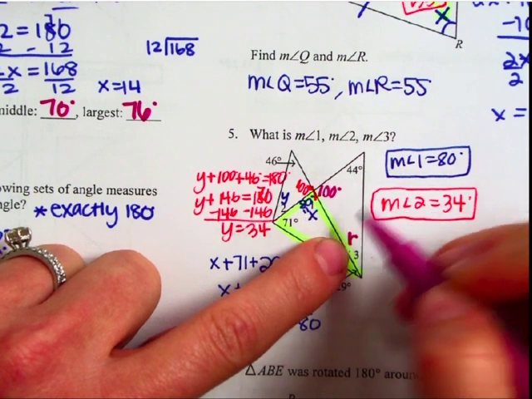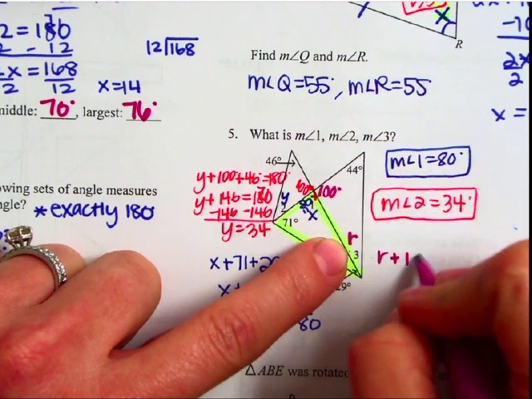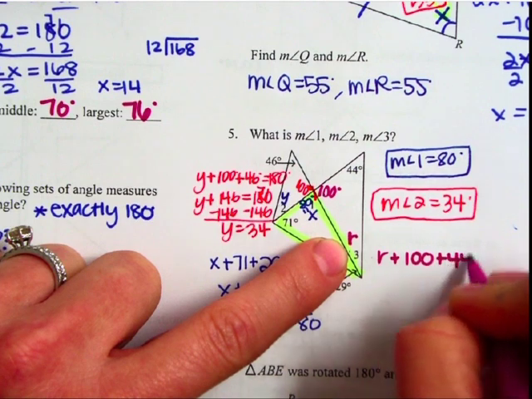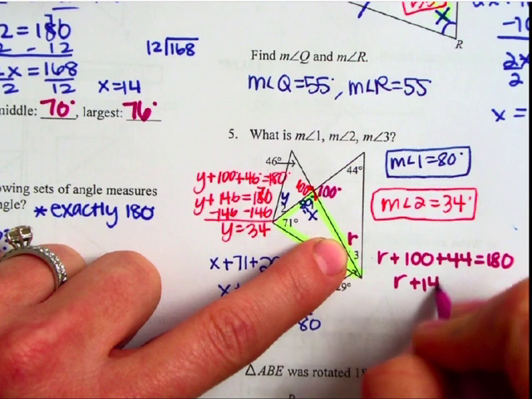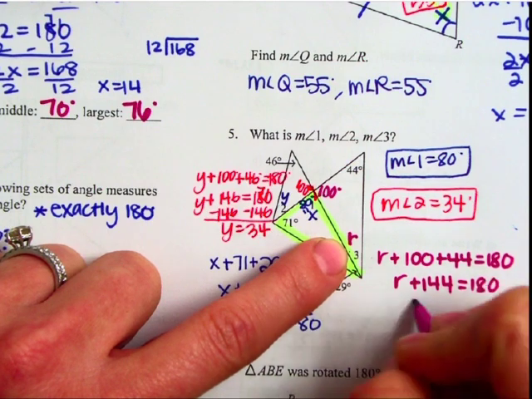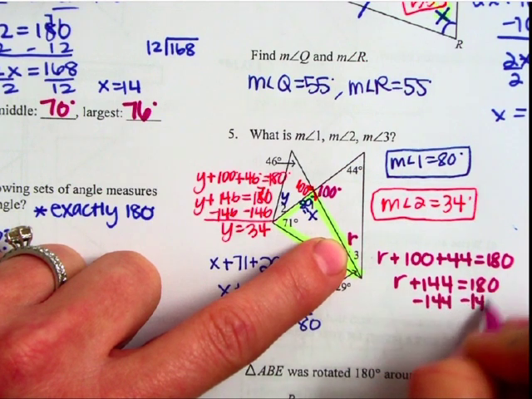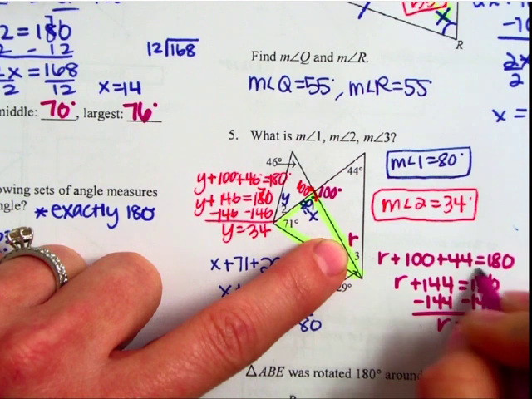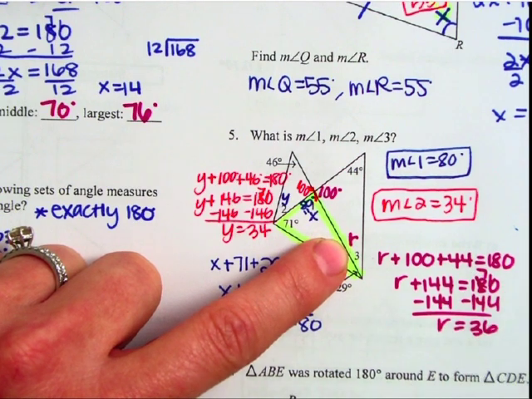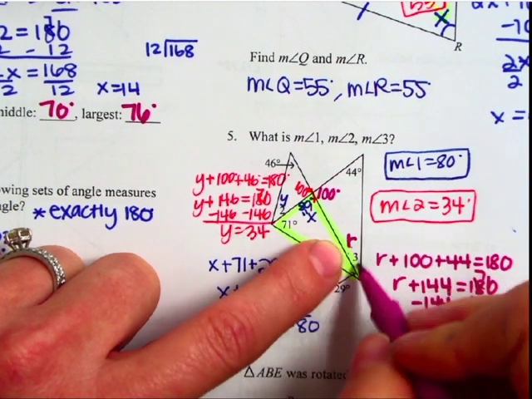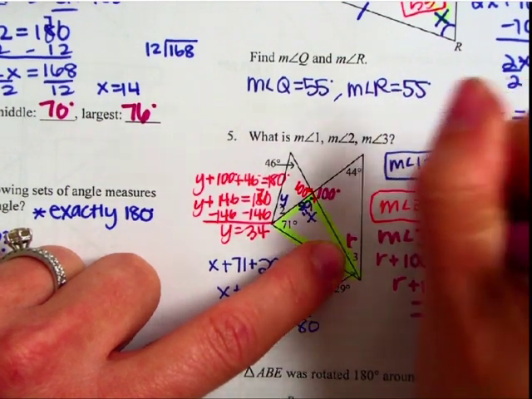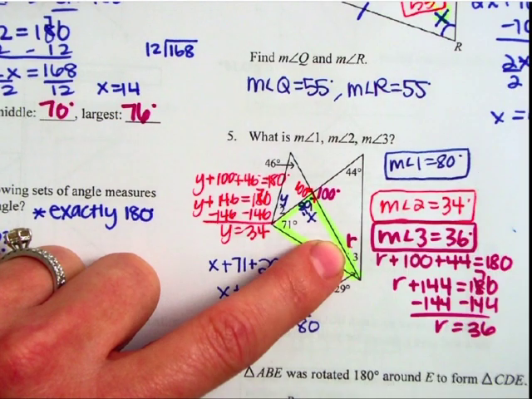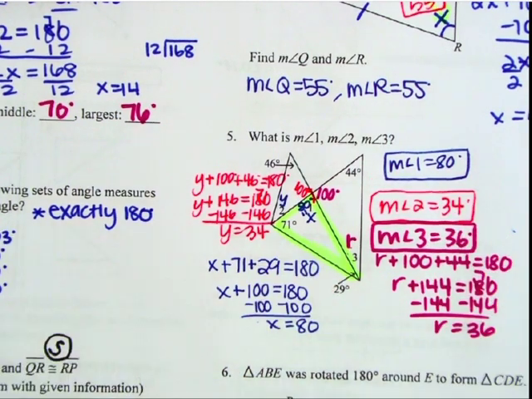So we have the triangle sum theorem again for the third and final time. So combining like terms, we get r equals 36 degrees. So the measure of angle 3 is 36 degrees. So we want to make those answers nice and clear.